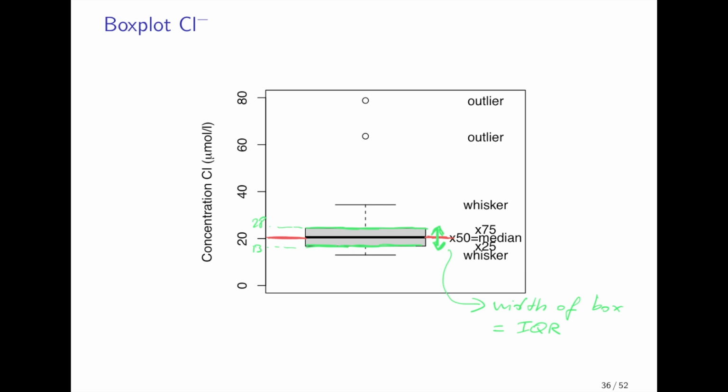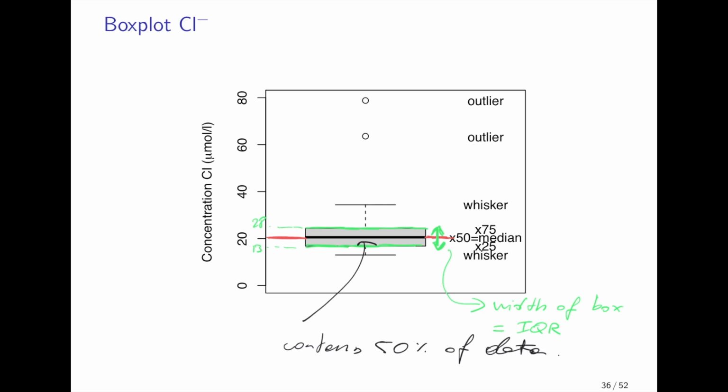So another way to put that is saying that the box contains 50% of the data. So if you look at a box plot, then you can see at a glance where 50% of the data lie. 50% of the data lie within the box.